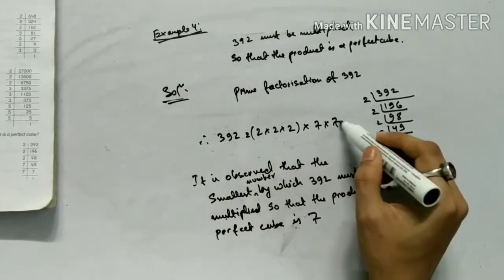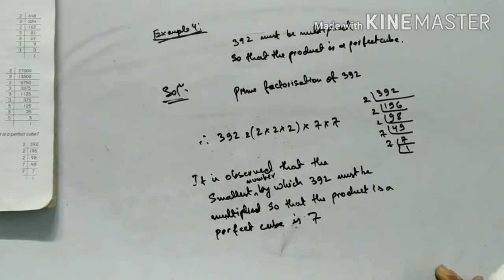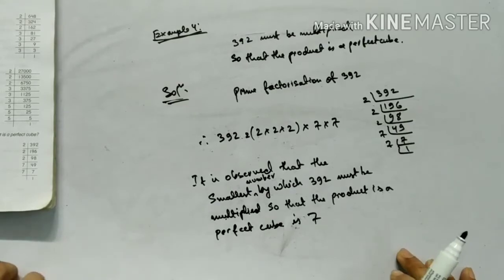If I multiply 392 with 7, then the product will be a perfect cube.